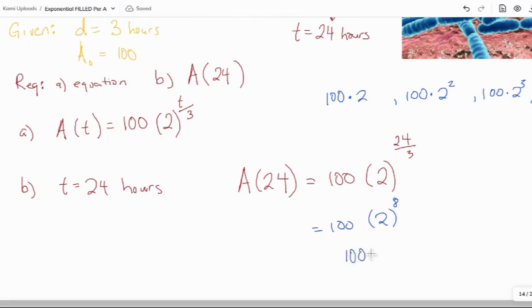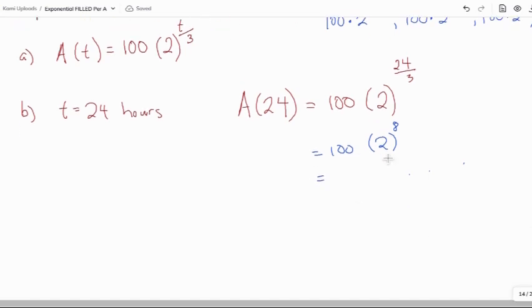I start with 100, then I double, then I double, then I double. I doubled 8 times, right? Now, often when we do this work, the exponent doesn't end up being a whole number. We might get 8.3, but it's still really useful to understand, oh, that's what's happening. It's doubling 8.3 times.